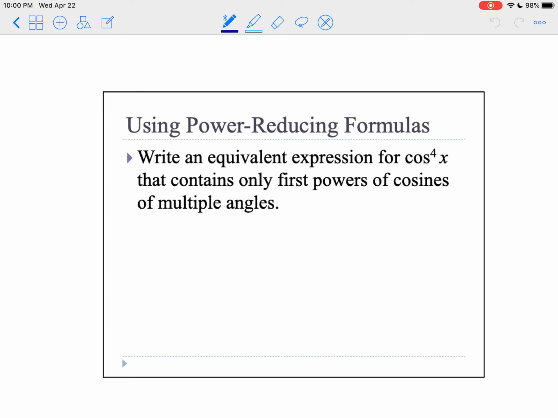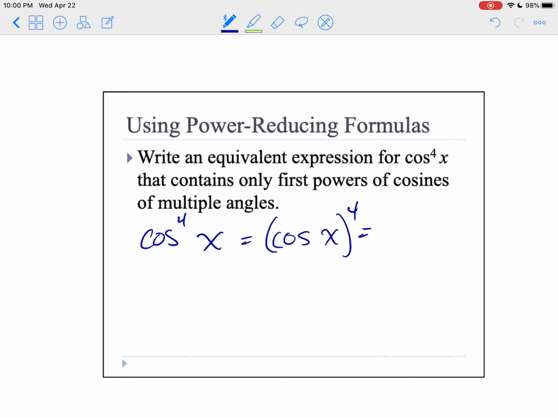All right. So our first trick is to think of cosine of x to the 4th power.